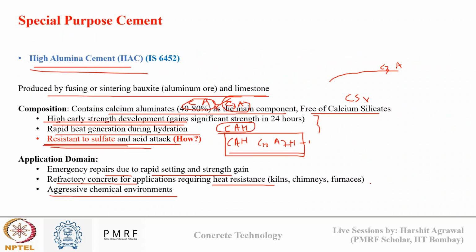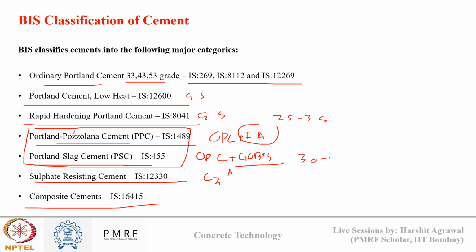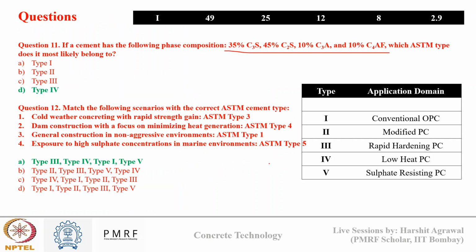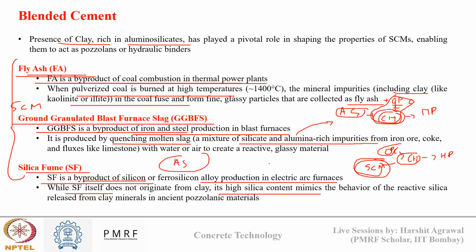So earlier we saw the description of Portland pozzolana cement and Portland slag cement. These two are examples of SCM use. In Portland pozzolana cement, we replace 25 to 35% of OPC with fly ash, while in Portland slag cement, we replace 30 to 40% of OPC with ground granulated blast furnace slag, and they pave the way to blended cement application.